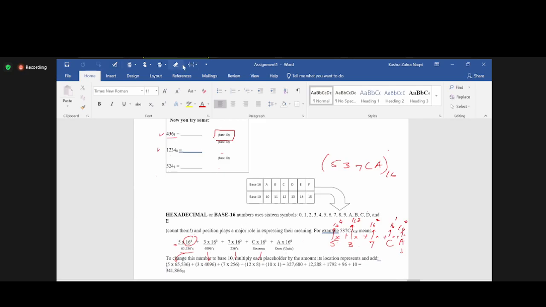Right? And then add them all. What are you going to get? Check your answer. Use your calculator to do this little math quickly. You don't have to do each and every step manually.